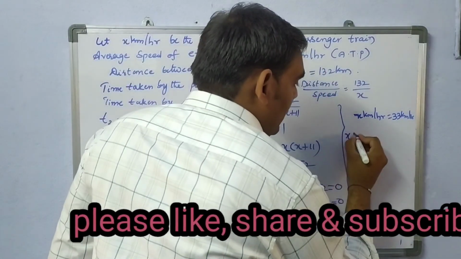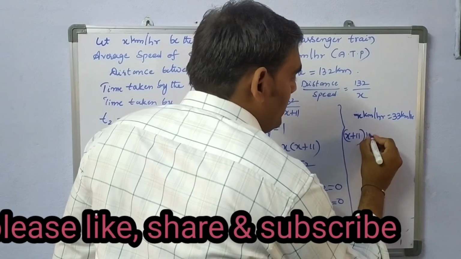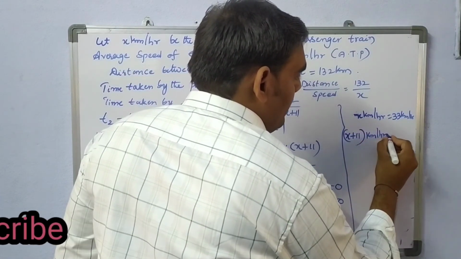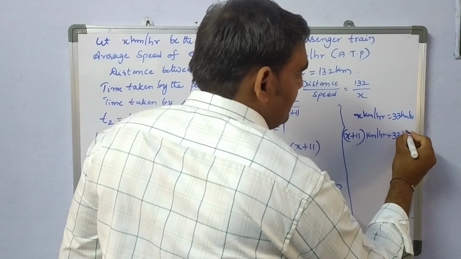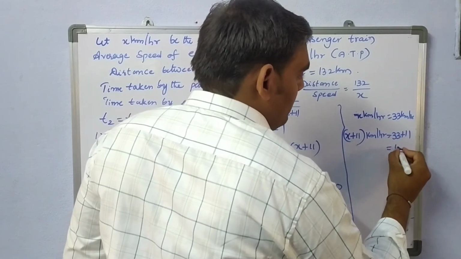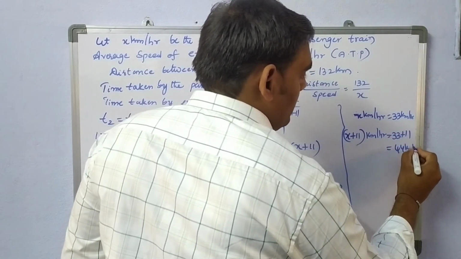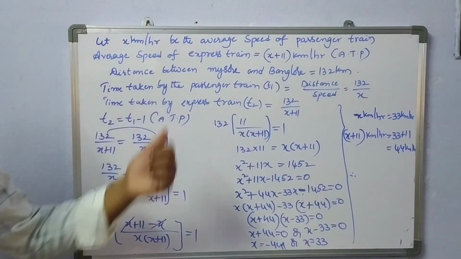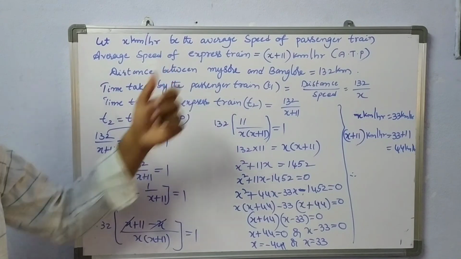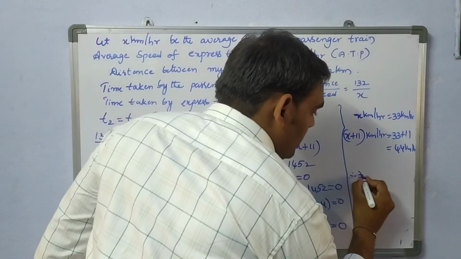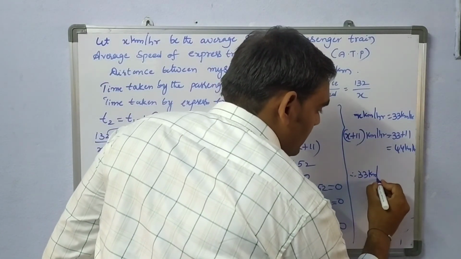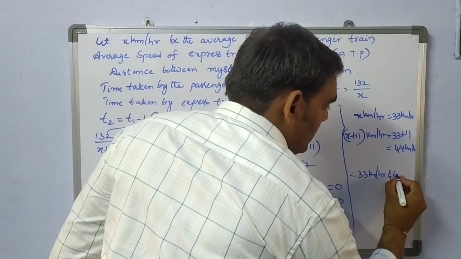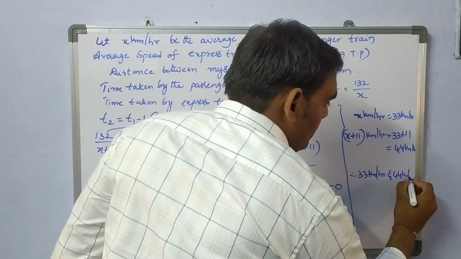So here x plus 11 kilometer per hour will be 33 plus 11. So here we will get 44 kilometer per hour. Therefore, average speeds of a passenger train and express train are 33 kilometers per hour and 44 kilometers per hour.